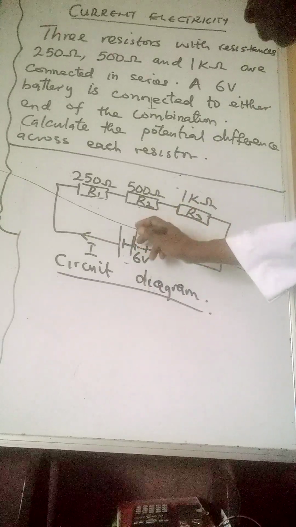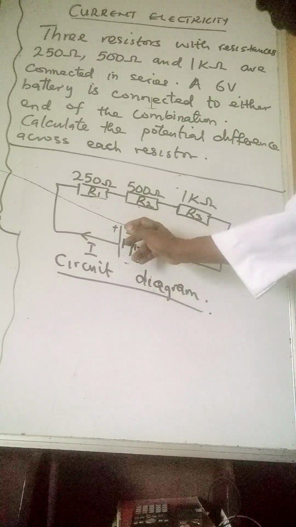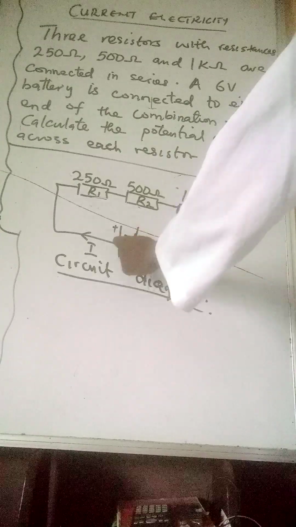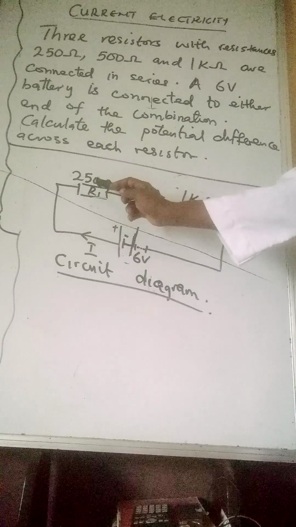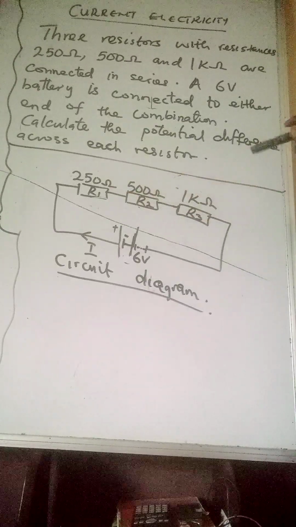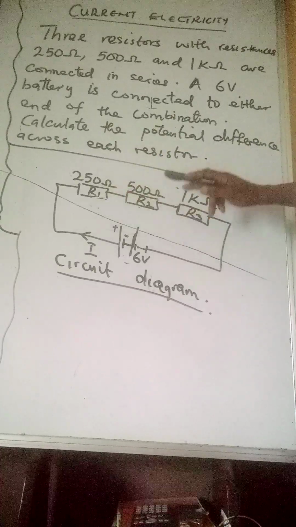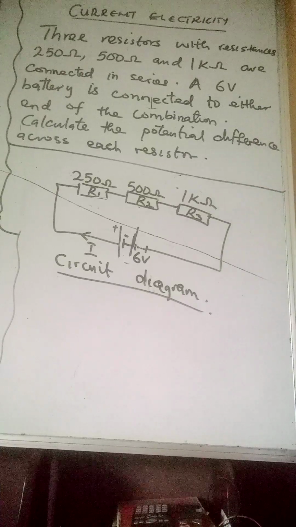This long pole is the positive terminal. The smaller one is the negative terminal. So current is coming out from here. Then the same current that enters 250 ohms will enter 500 ohms, and 1 kilo ohms.